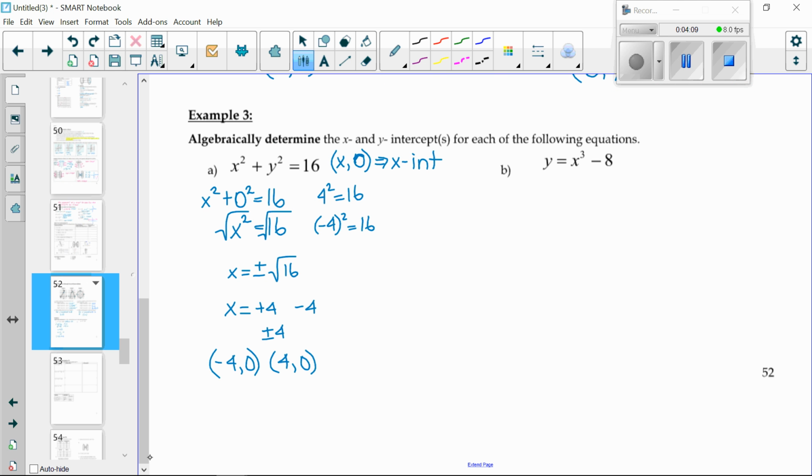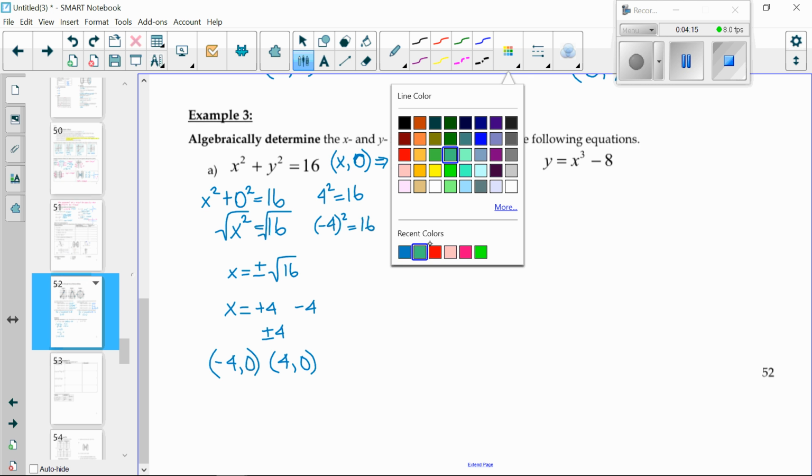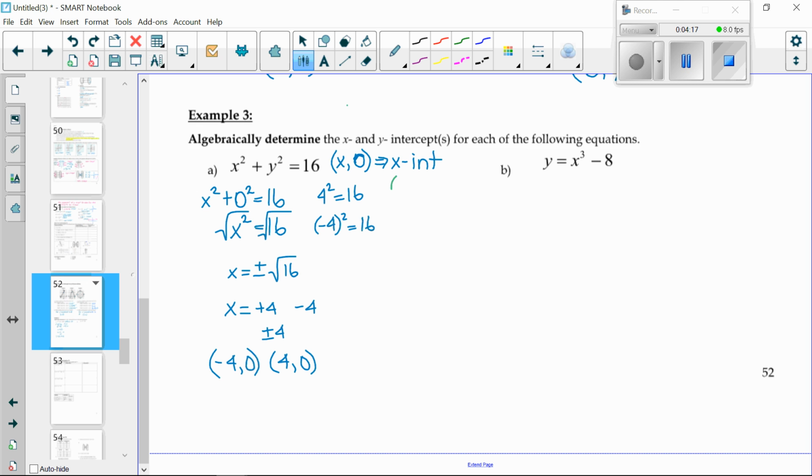Now I need to find the y-intercept, so it's going to be the same kind of idea, but for the y-intercept, I'm going to change the color here to green. The y-intercept is written as 0 and y. So that's the y-intercept. Okay, so in that case, what I'm going to do is sub in 0 for x. So 0 squared plus y squared is equal to 16.